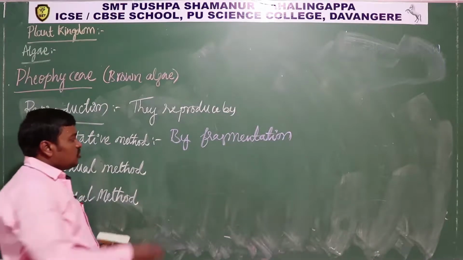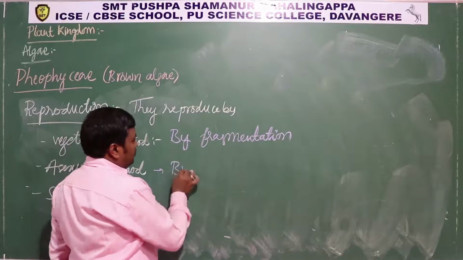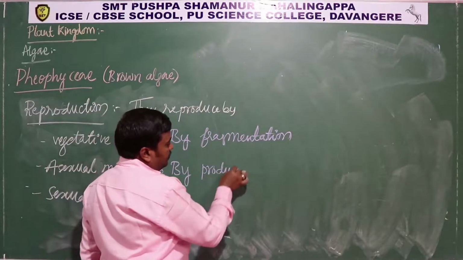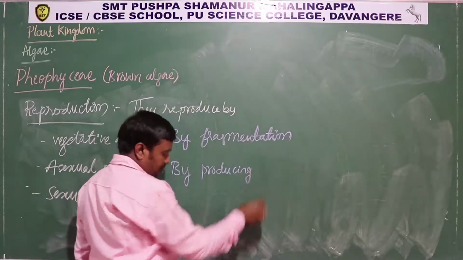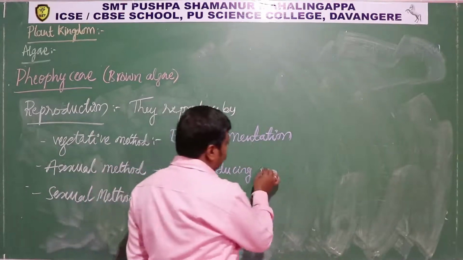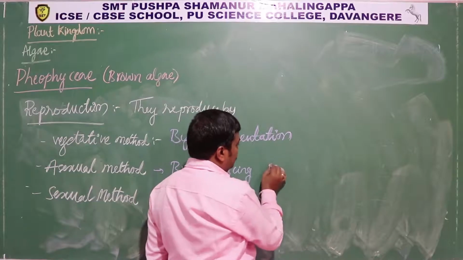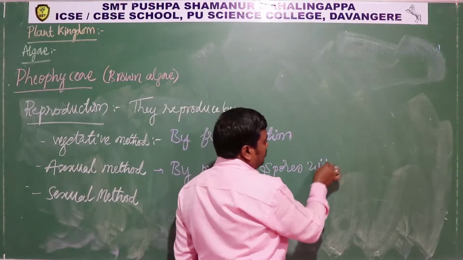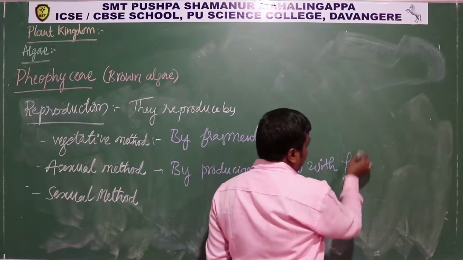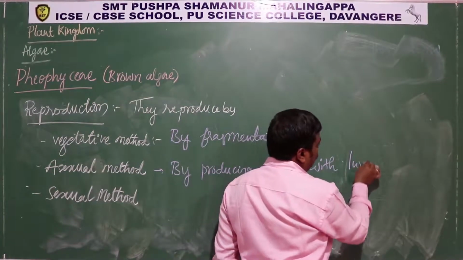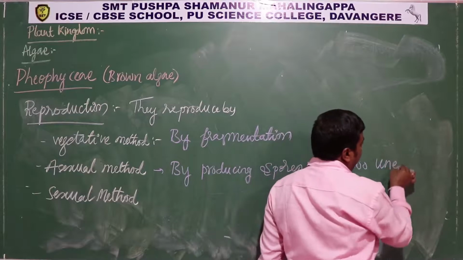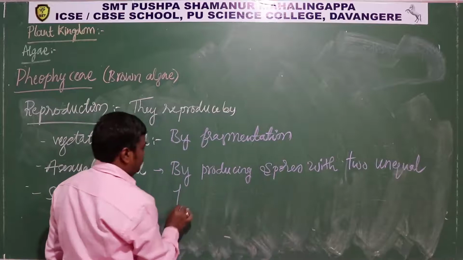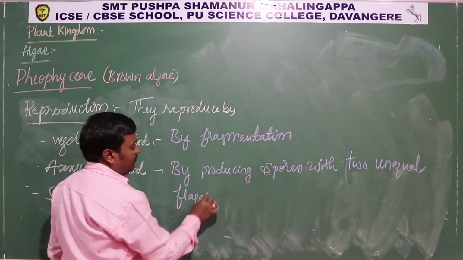Then the asexual method is by producing spores with two unequal flagella.